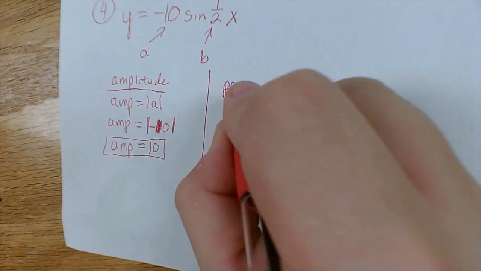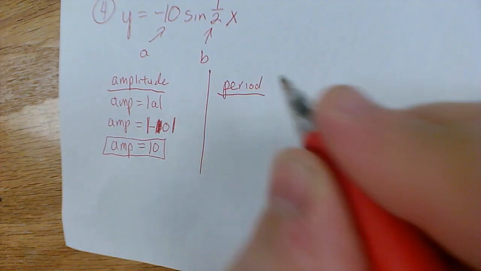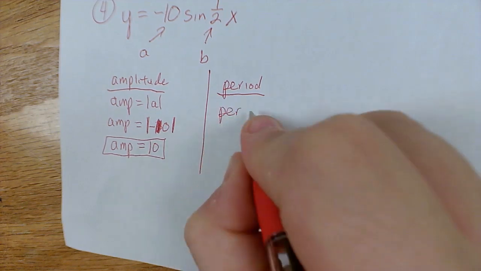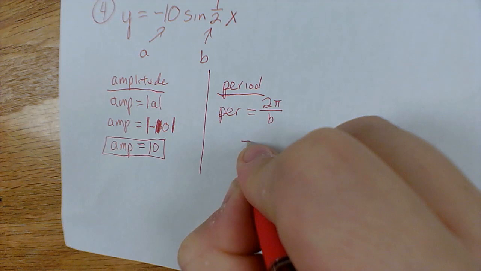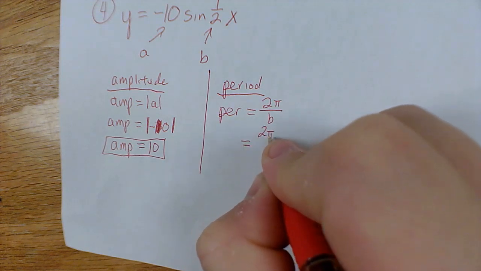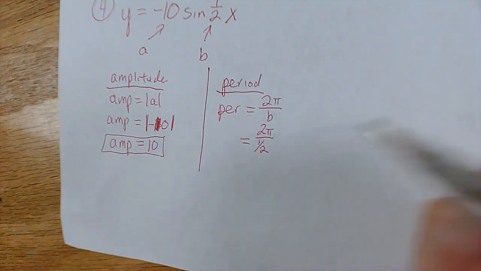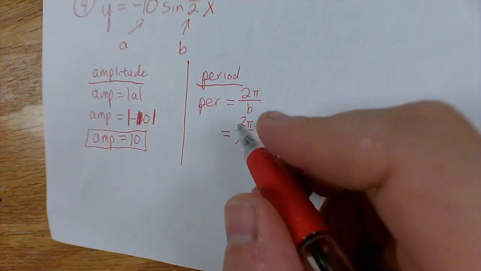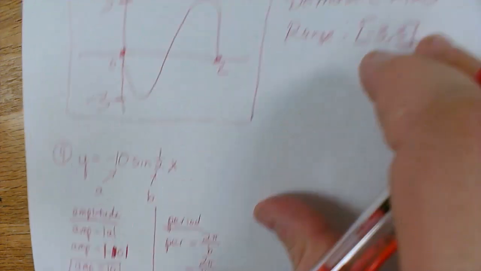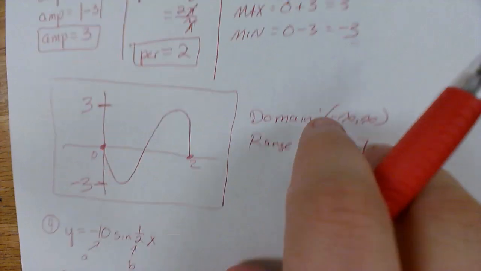So the period is still going to be 2 pi divided by b, but this time it's 2 pi divided by 1/2. In the previous problem we had a pi on top and a pi on bottom, so they went away.